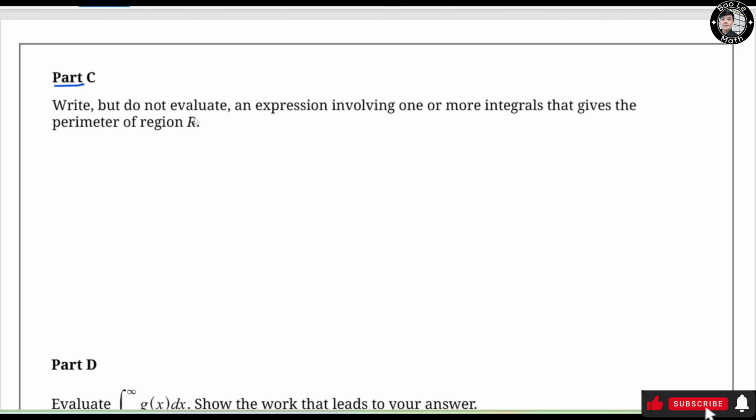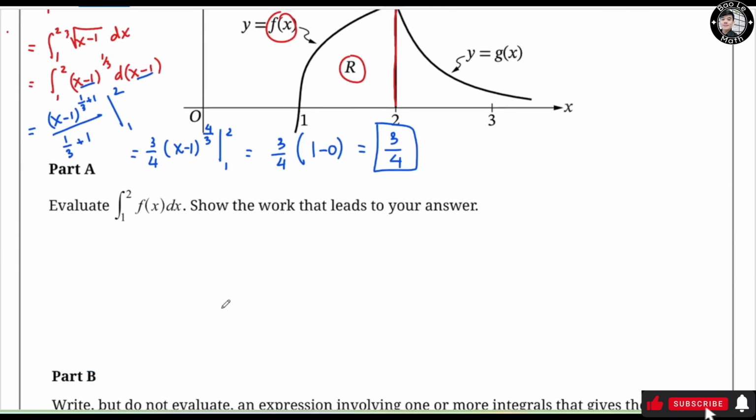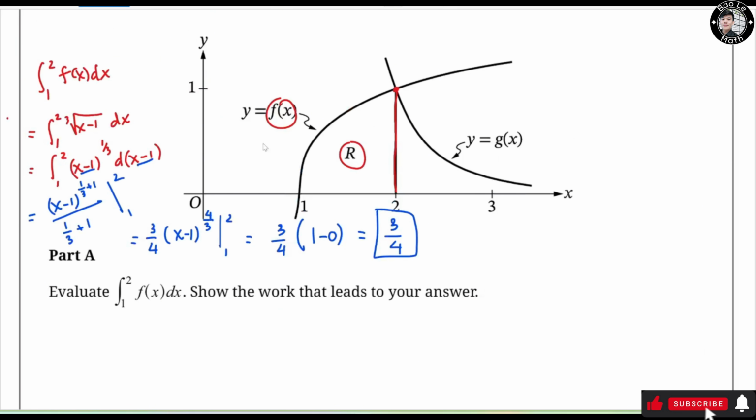Now question C. Write but do not evaluate an expression involving one or more integrals that gives the perimeter of the region R. Basically perimeter, which means we're going to add this guy and this arc length up, right? Now we know that this guy equals 1, 2 minus 1 equals 1. This guy equals 1, right?